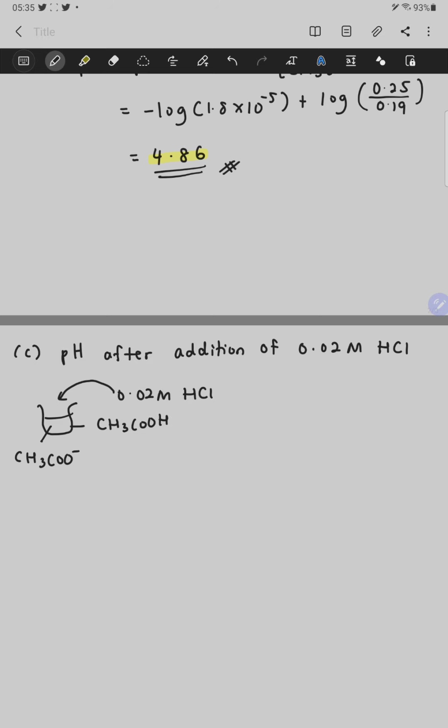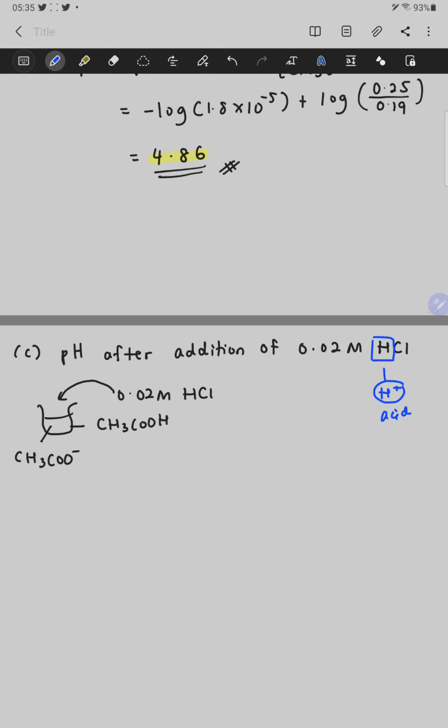Okay, so after we add HCl, we know that HCl ini dia akan fully dissociate menghasilkan H+. So H+ ini yang akan memberi efek kepada pH of buffer tadi. So, in order untuk neutralizekan H+, okay, H+ ini maksudnya acid kan.